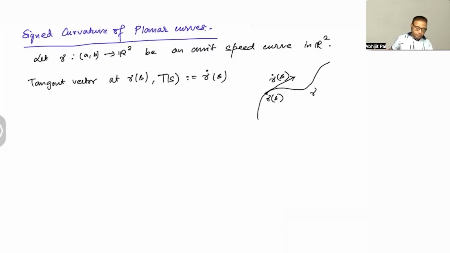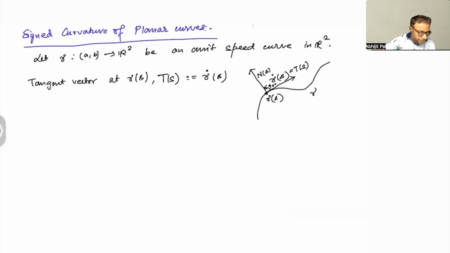Now you rotate this tangent vector capital T anti-clockwise by 90 degrees, and we get a vector which is perpendicular to this tangent T. This we'll call N of s.